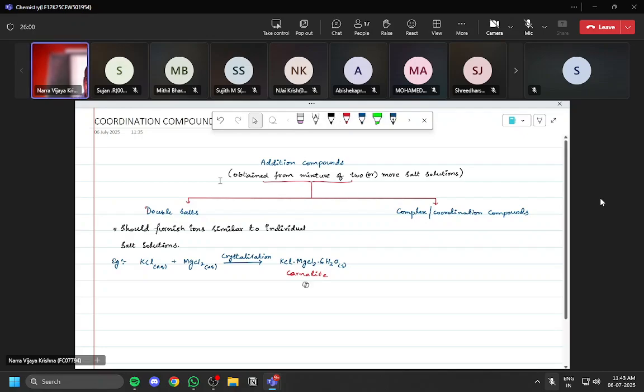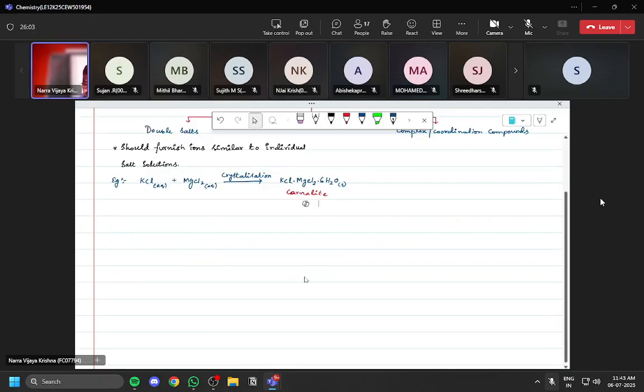Similarly, by mixing ferrous sulfate and ammonium sulfate, you will get Mohr's salt. Mohr's salt is FeSO4·(NH4)2SO4·6H2O. What ions should it furnish?